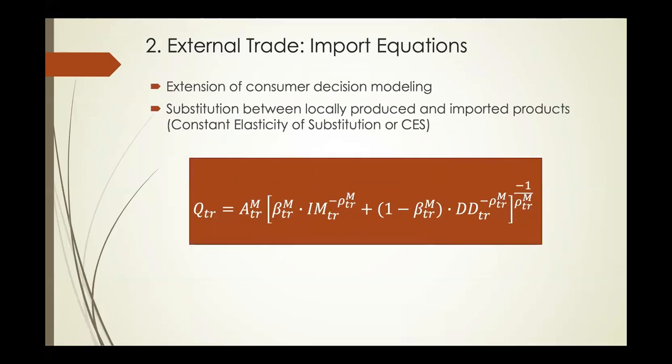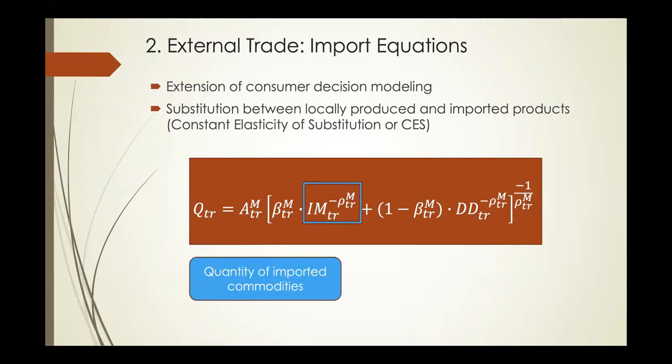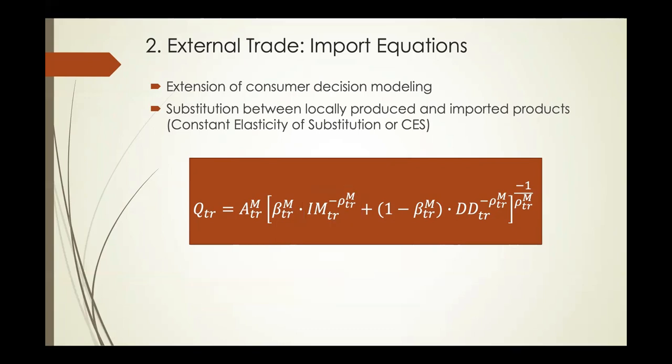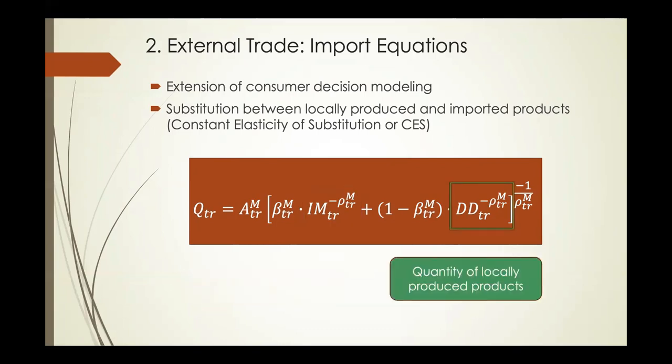Consumers' decision is also extended to include the trade-off between buying domestic products or buying foreign products. Total purchased Q of a tradable goods and services TR now partially includes foreign products or imports in blue color, and partially includes locally produced goods and services, DD, in green color.